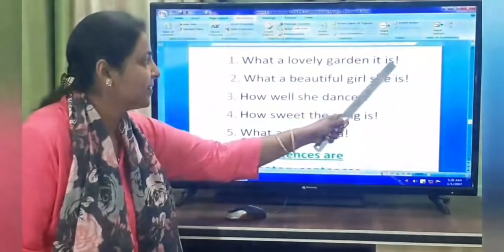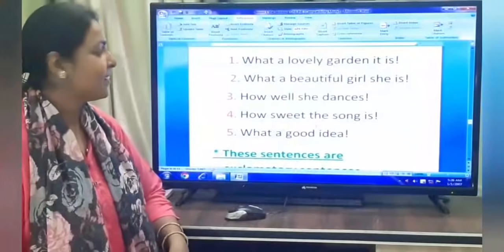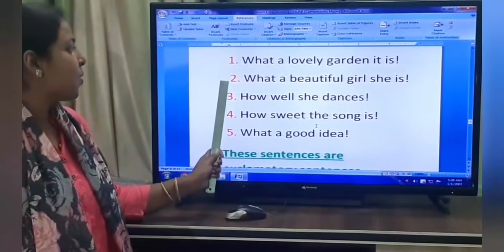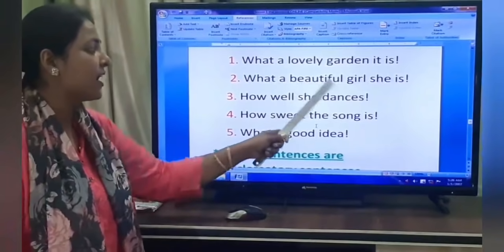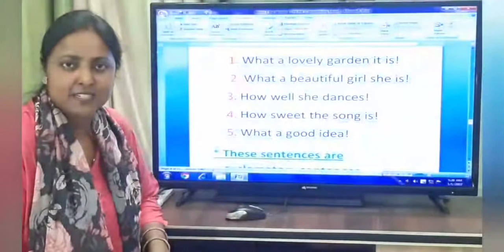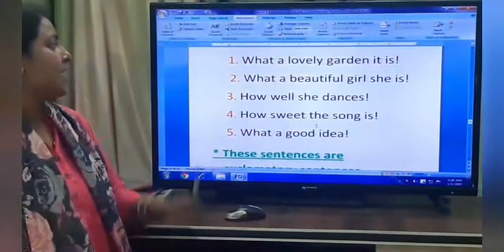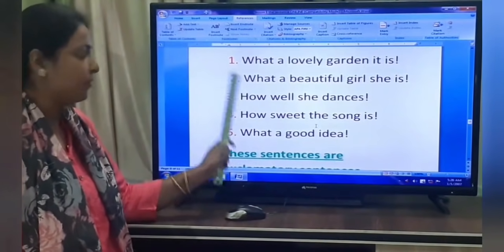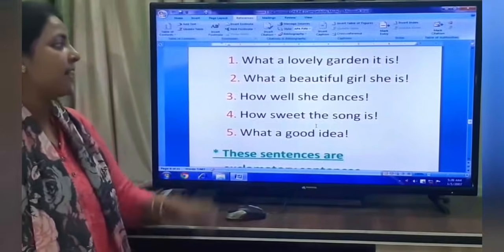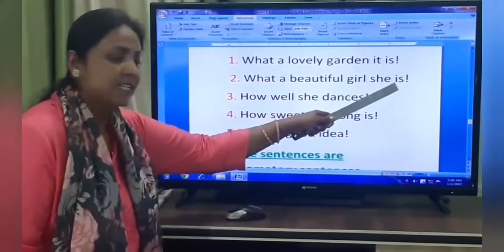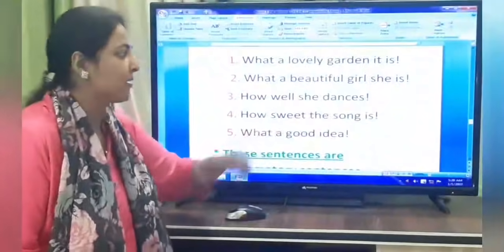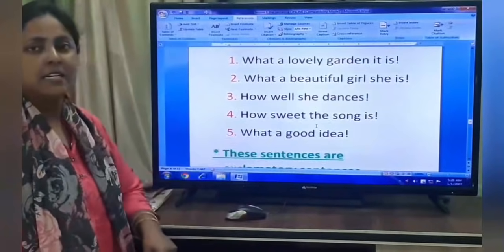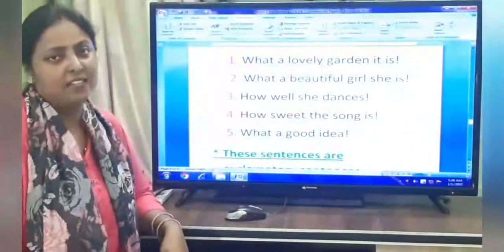Exclamation mark. Correct. The second sentence is, what a beautiful girl she is. It starts with the capital letter W and ends the sentence with this exclamation mark. So the sentence is what? Exclamatory sentence.